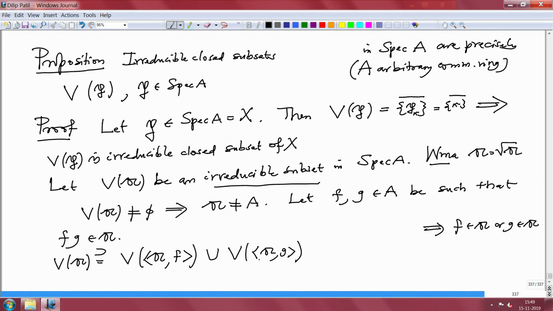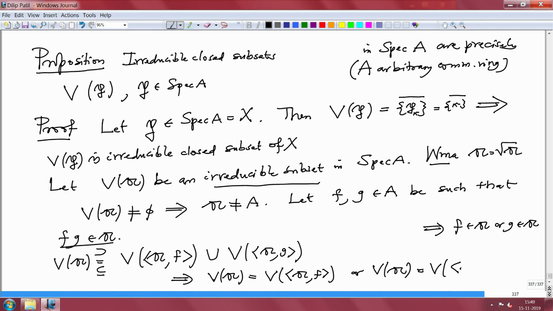So, F times G is contained in A. Therefore, this inclusion is very easy to check, using the fact that F times G is in this. But both are closed and this is a union, and therefore one concludes from here that V(A), because it is irreducible, is either equal to V of the ideal generated by A and F, or V(A) is equal to V of the ideal generated by A and G.